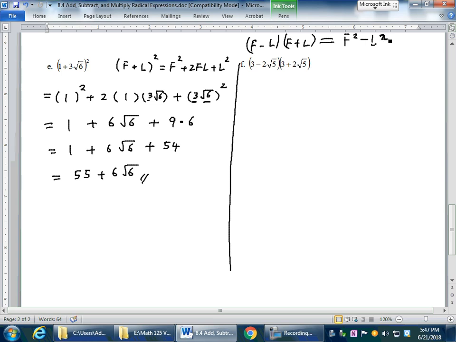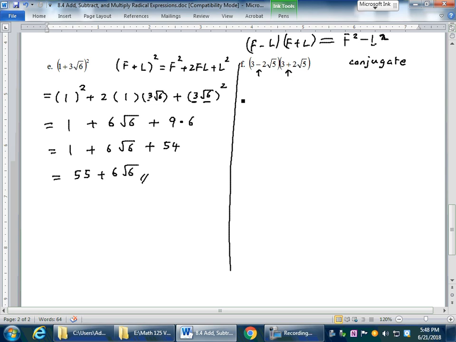Shortcut formula. So these two factors are called conjugate factors. Conjugate factors are identical terms except the operations are opposite.